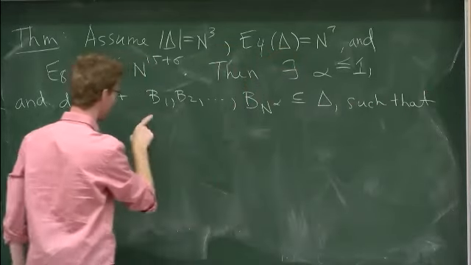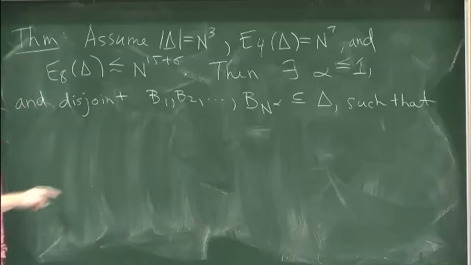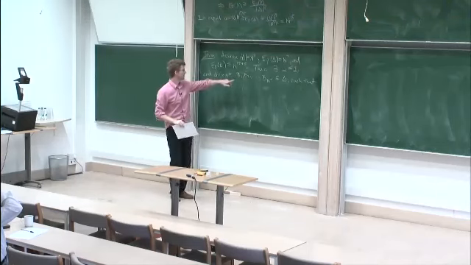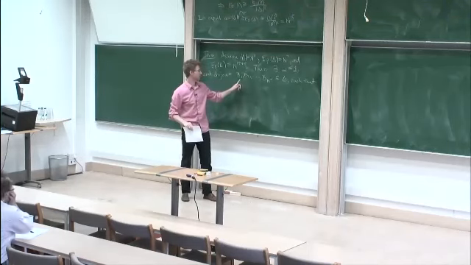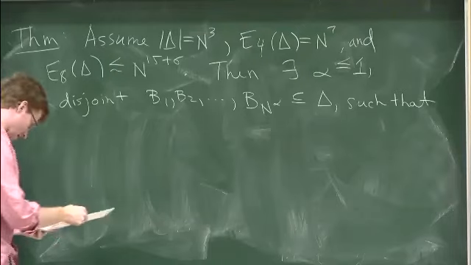And then the claim is that each one of these Bj's has a lot of structure. So the set delta gets divided into n to the alpha pieces, each one of which is going to have a lot of structure, and I'll tell you exactly what I mean by that.